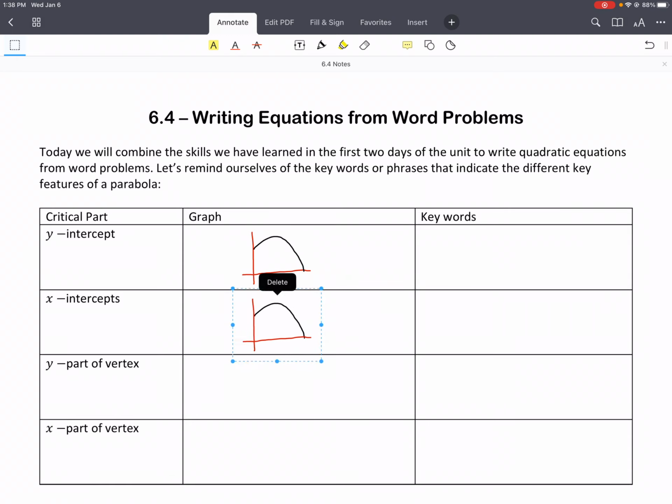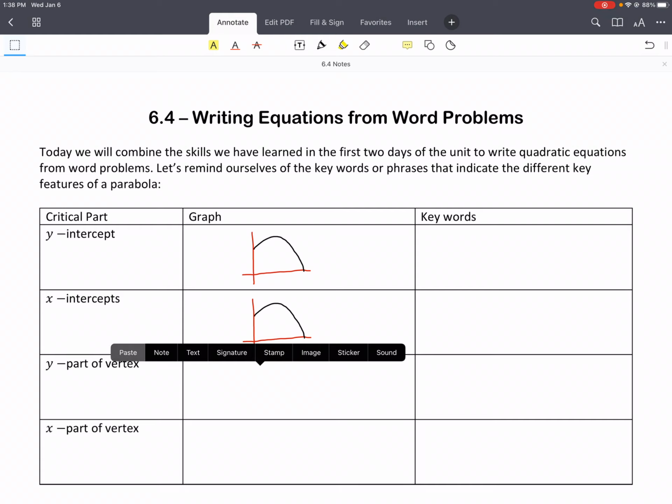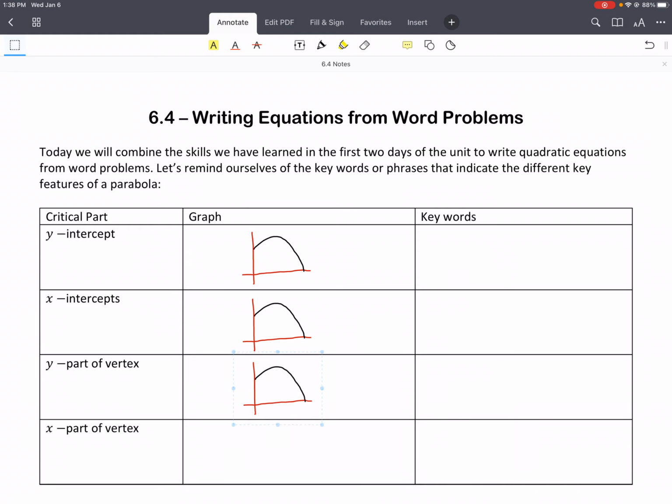I'm going to use the same picture in all of these, that way we have it all nice and uniform across the board, though my picture is not that lovely. So our y-intercept, again, is just whatever point where it crosses the y-axis. So that's going to be denoted by 0 and then some number.